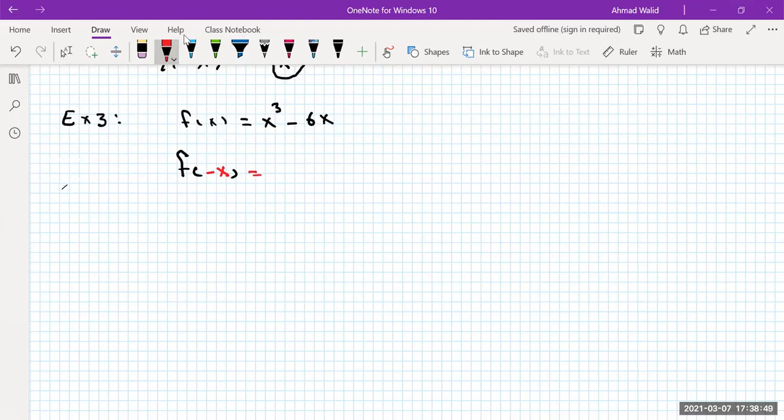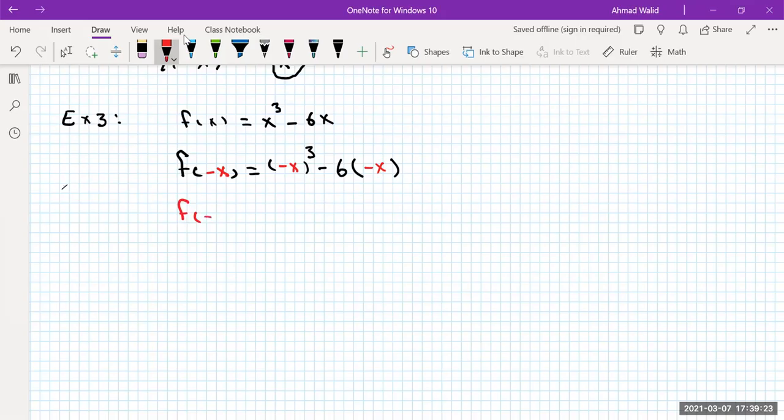F of negative x equals negative x cubed. I'm changing the color constantly here to show you that you are replacing x with negative x, minus 6 times negative x. Let's simplify the right side, correct?